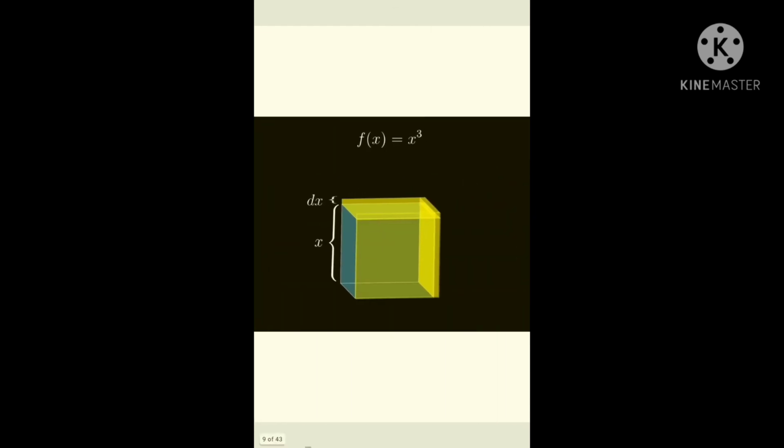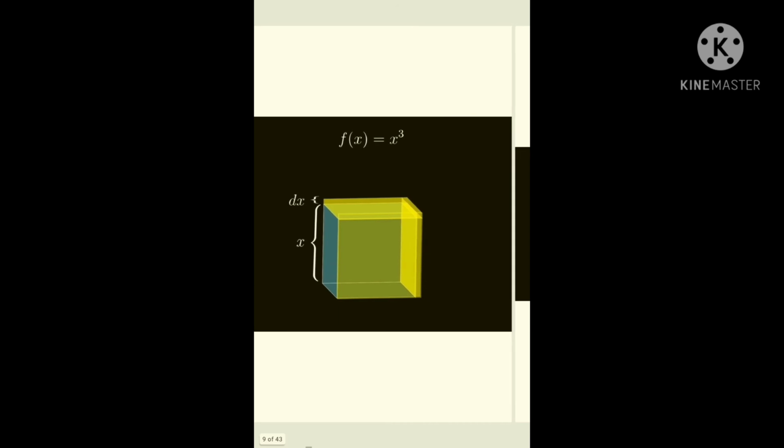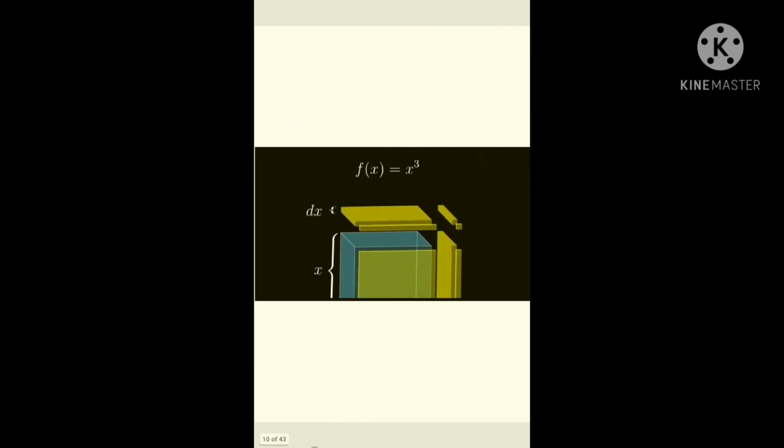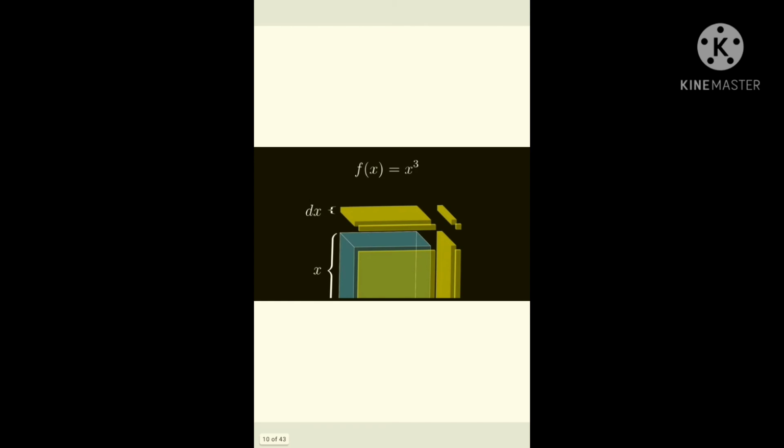So this is a cubic function. Here the yellow portion indicates the increment in your sides. So if I want to separate these extra parts, then you can say that you have a side, and you have an increment with thickness dx. Dx is nothing but delta, which is the increase in size.